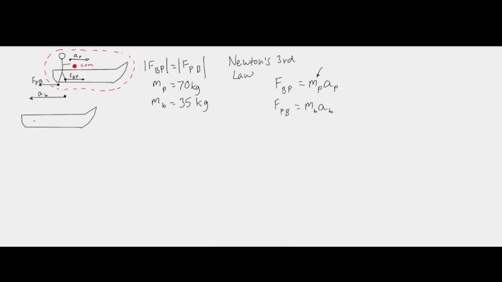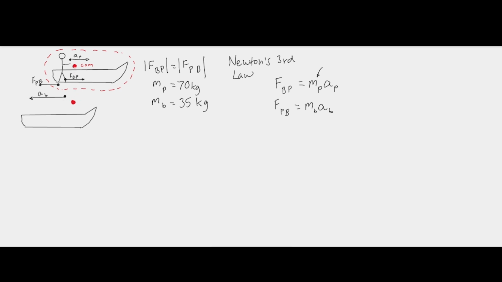The boat is accelerating and the person is accelerating, and they have equal and opposite forces causing that acceleration, but the system as a whole does not accelerate at all. So the center of mass stays at the exact same spot. It does not move. The averages of the masses around it can shift a little bit, but the center of mass will not move.